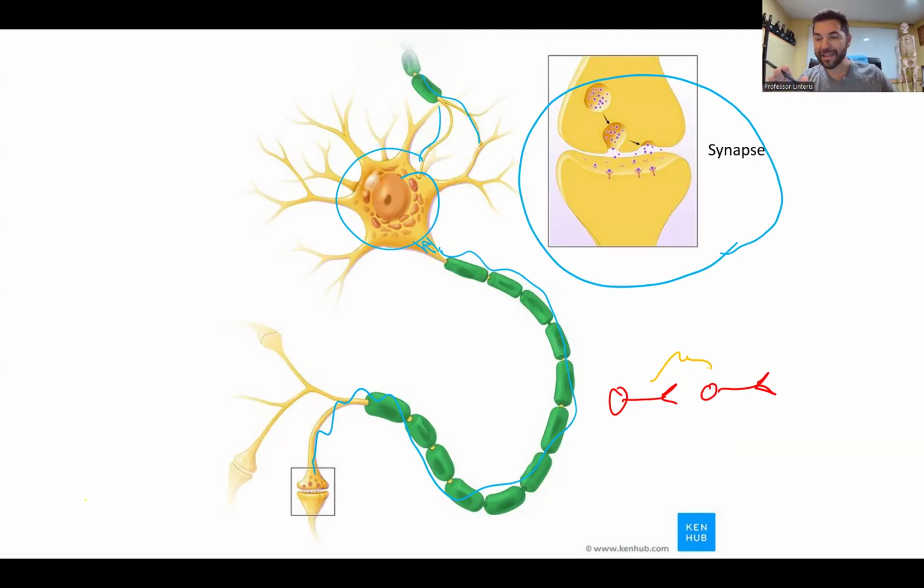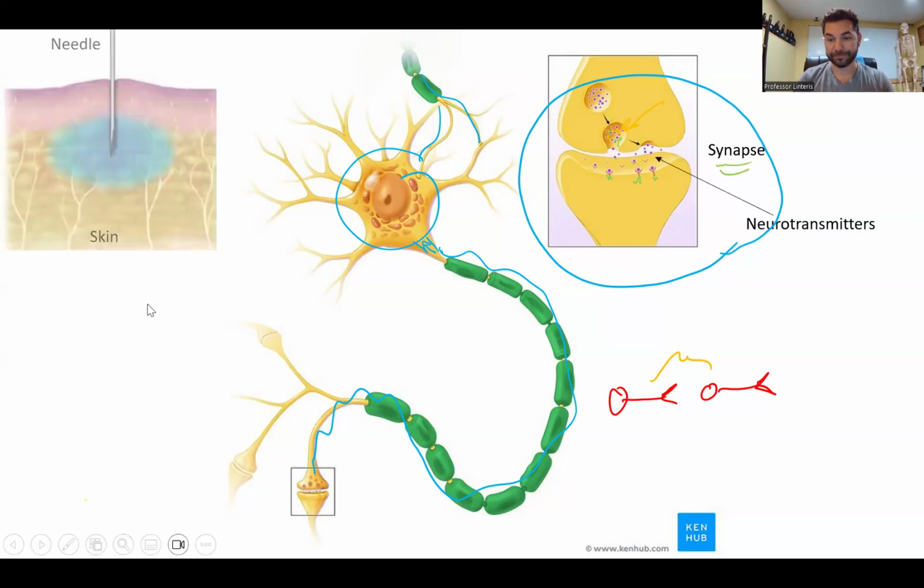And at this synapse is where the magic happens, right? That's where the neurotransmitters, which are these chemicals in here, are released, right? They will bind to said receptors, and then that will cause the electrical message to basically transfer from one neuron to another.